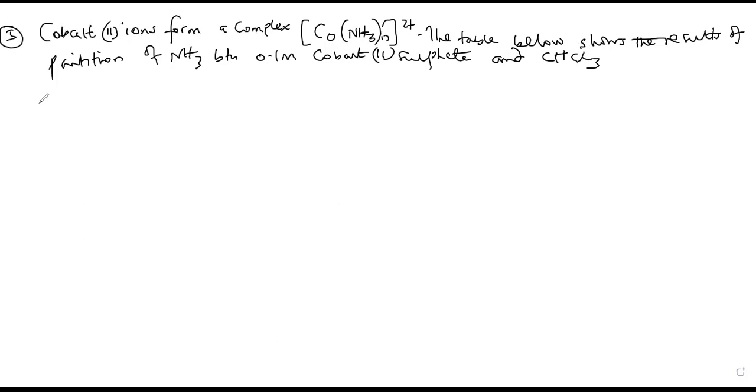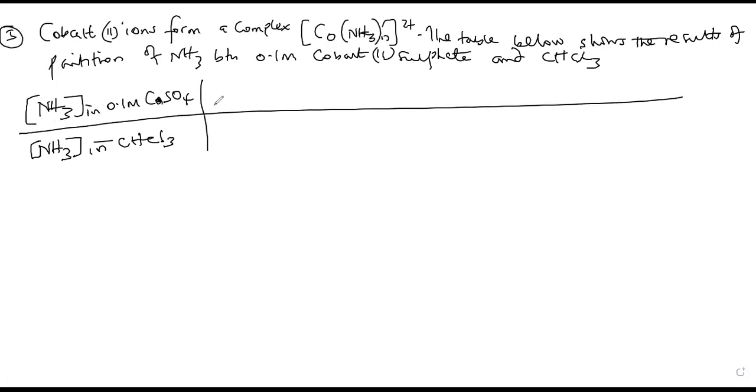So we have the ammonia concentration in 0.1 molar cobalt 2 sulfate, and we also have the ammonia concentration in trichloromethane.